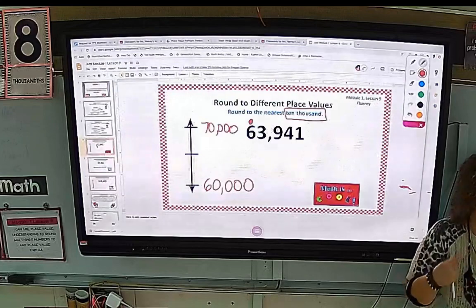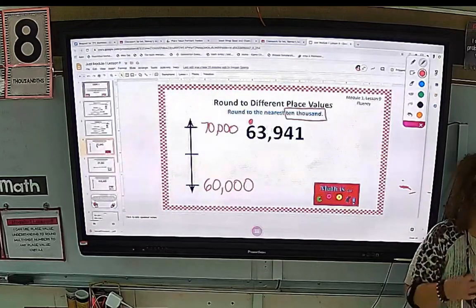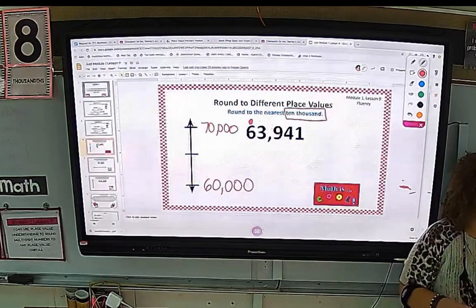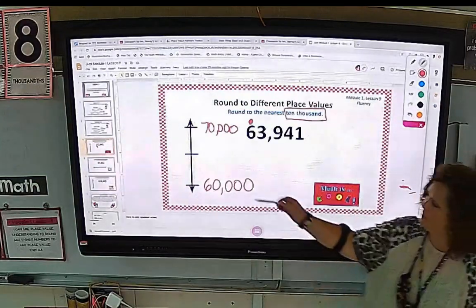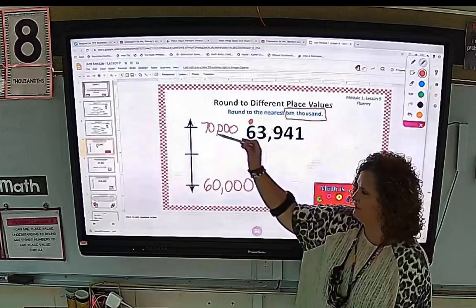All right, I know that I'm working this with the number line, but I'm reminding you of how we do this, okay? What would our middle number be? Martin, what would go halfway between 60,000 and 70,000?